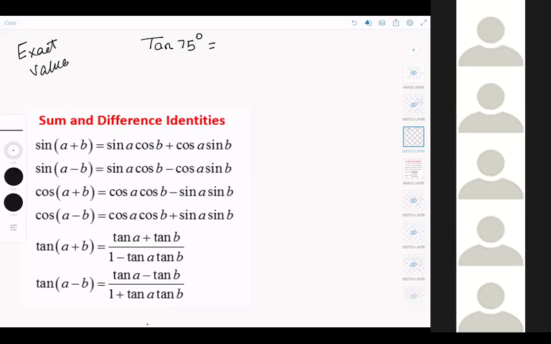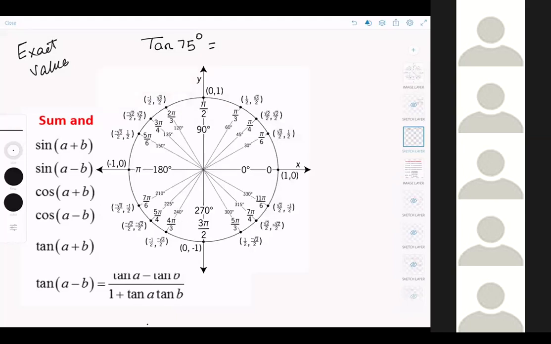So they ask us to find tangent of 75. The first thing you do is say, oh, great, exact value means no calculator. And hopefully I have this question inside of a unit circle. You look at it. At the beginning, you're happy.